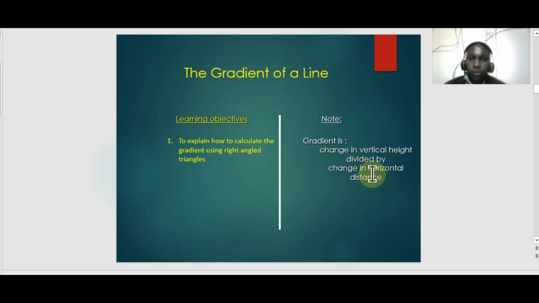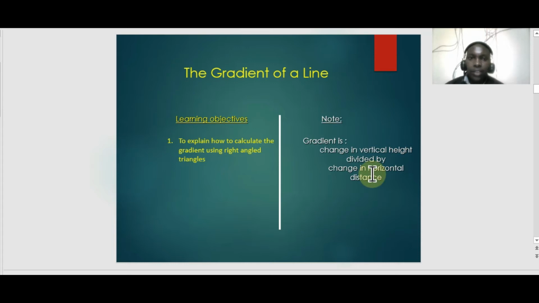So let's go to the gradient of a line. The objective of this part is that we should be able to explain how to calculate the gradient using a right angled triangle. Then there's something that you're supposed to note here. What is gradient? Now you see we're talking of gradient of a line.